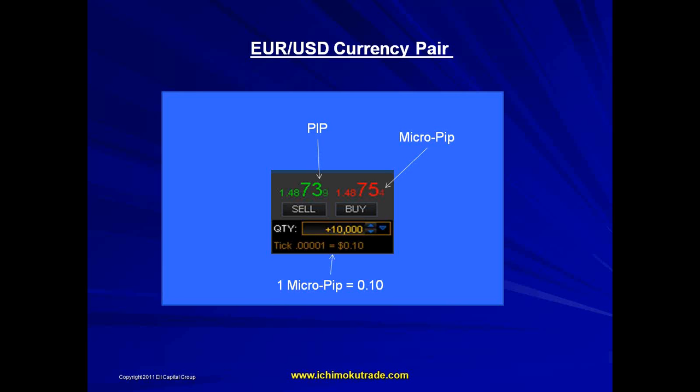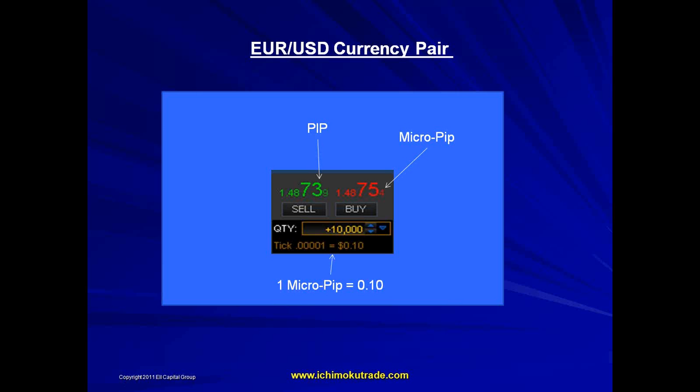You okay with that so far? Okay, so another way, if you don't like decimal places, this is 14,873, and this is 14,875. So if you subtract 14,873 from 14,875, what do you get? 2. So that's a 2 pip spread. Everyone okay with that?